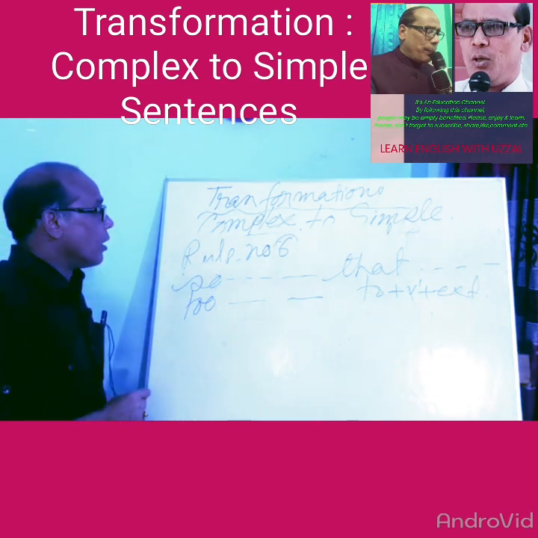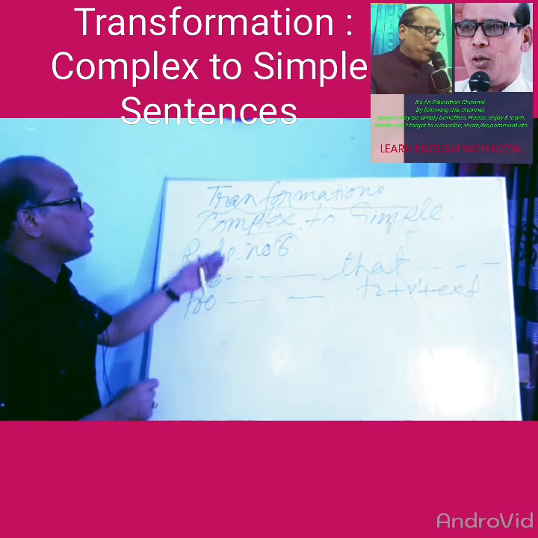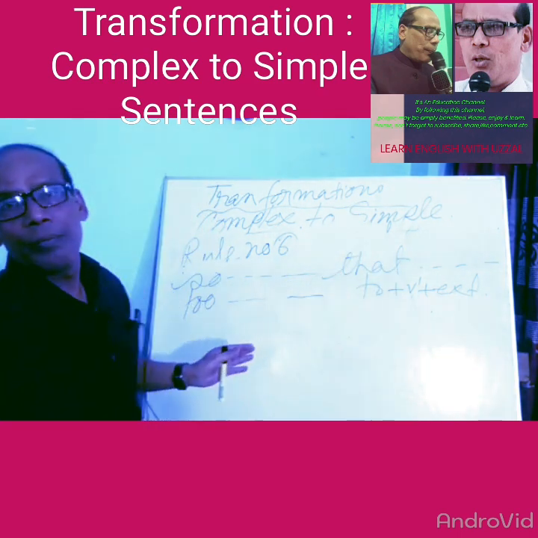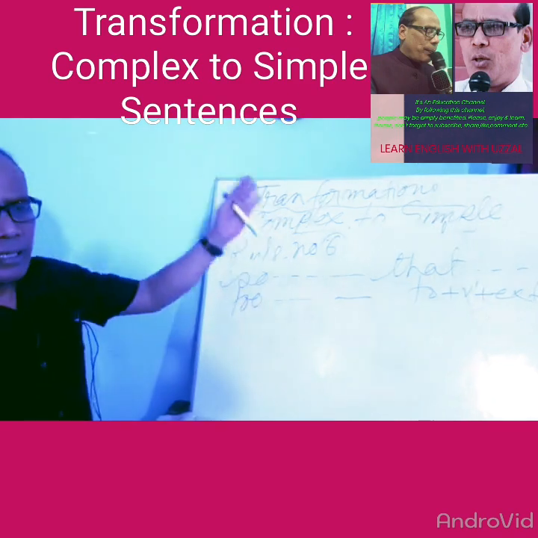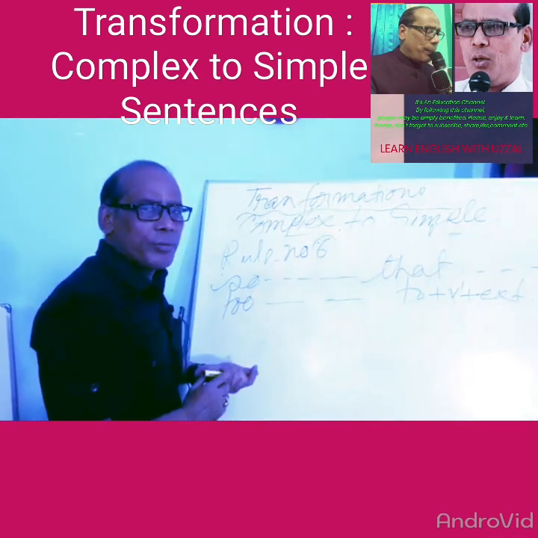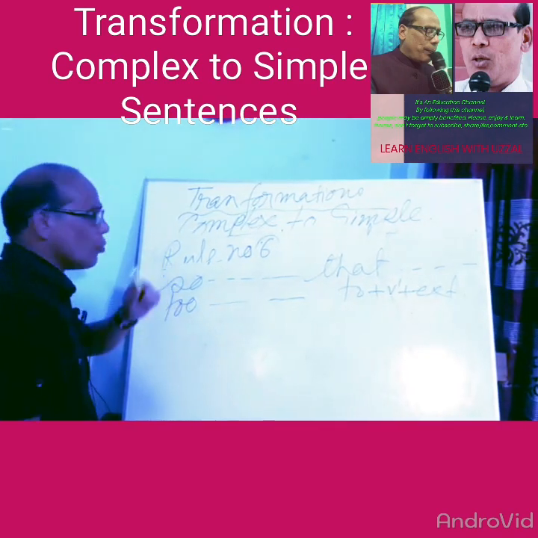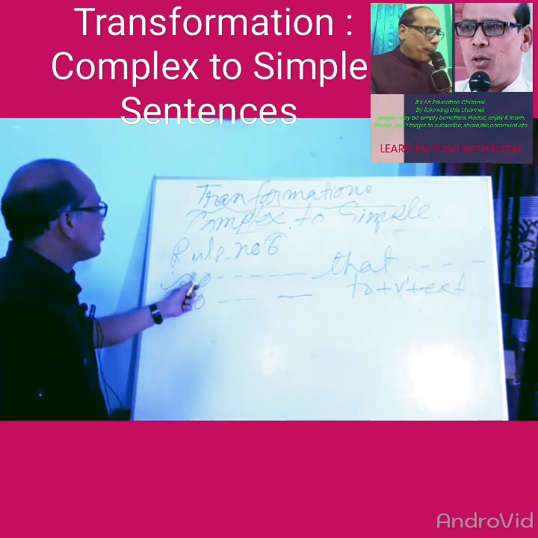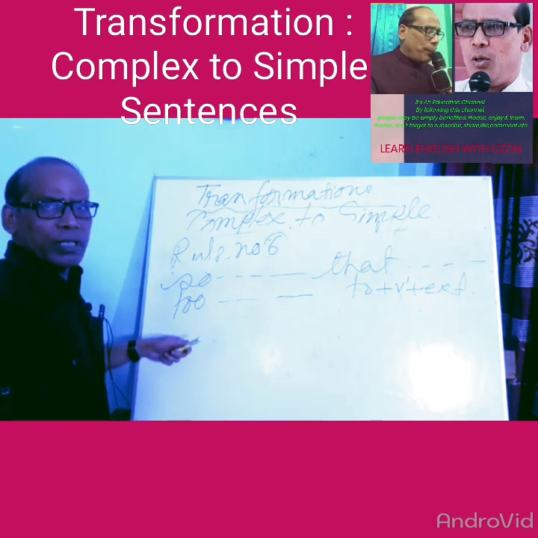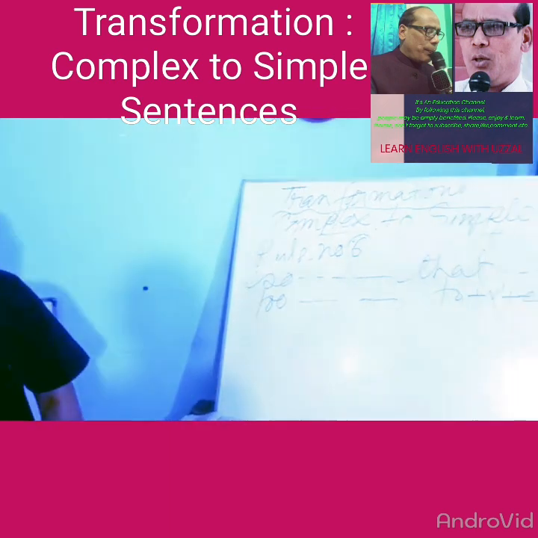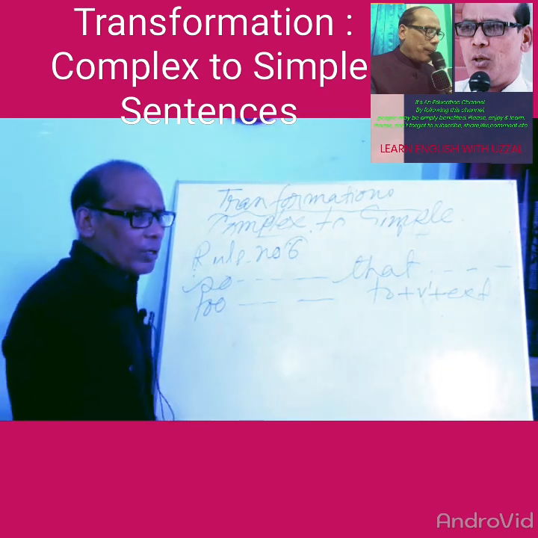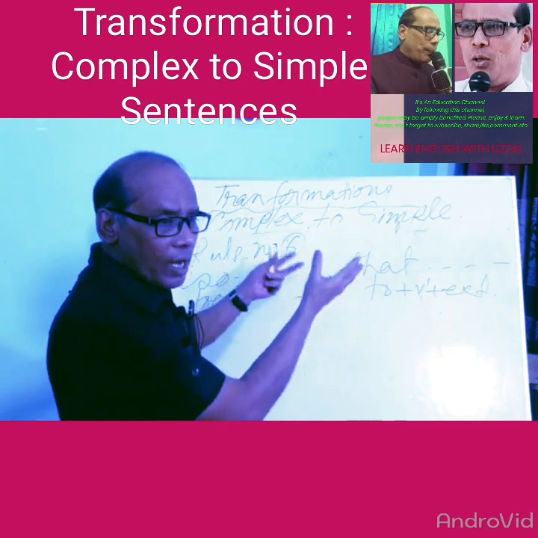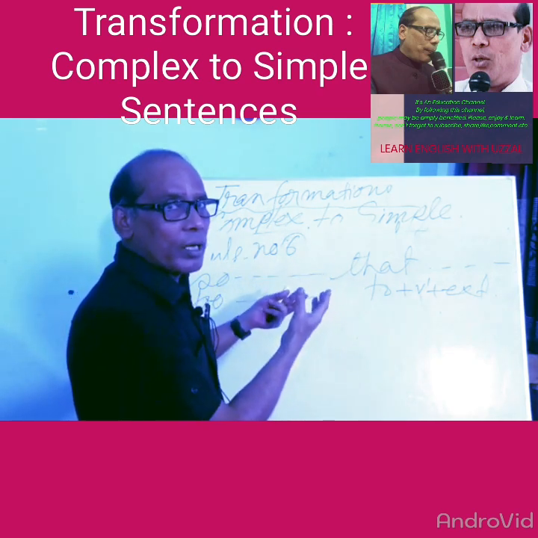We have already seen in rule number 5 that "so that" and "in order that" is one type of "that", and this "that" is another type of "that". In those types of sentences, we do not find any "so". Here you will get surplus "so", but in that type of sentence you will not find any "so". You will find only "that", "so that", or "in order that".